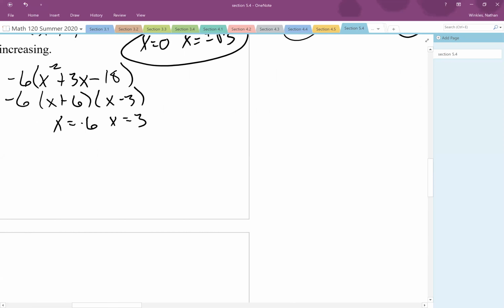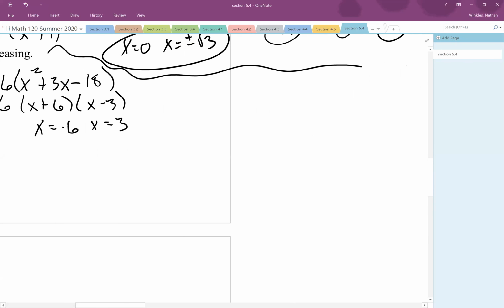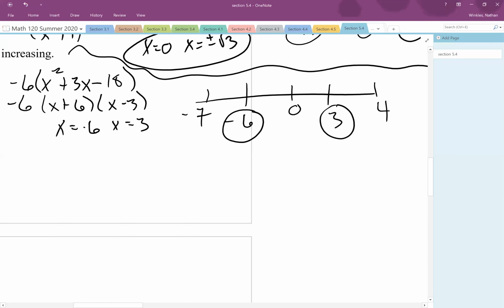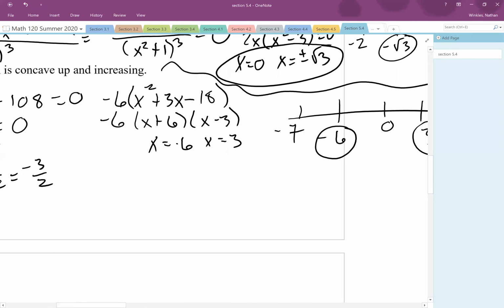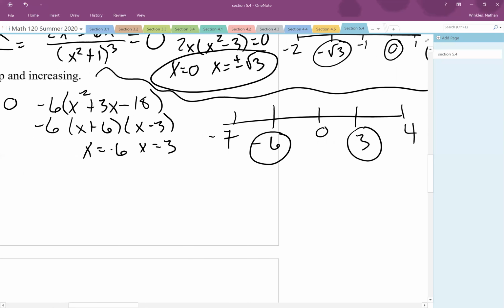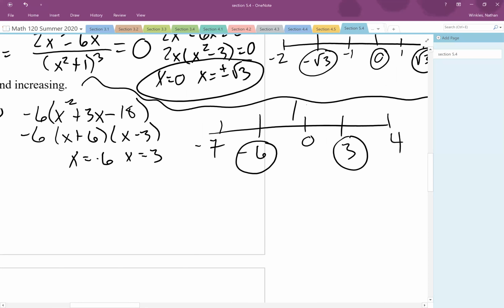So working with our first derivative here, we use negative 6 and positive 3. We could pick 0, pick negative 7, you could pick 4. So when we plug 0 into our first derivative here, we're going to get a positive, which means we get negatives on the other two.